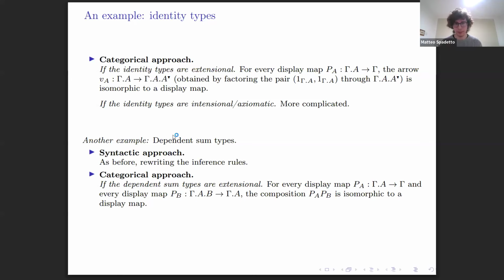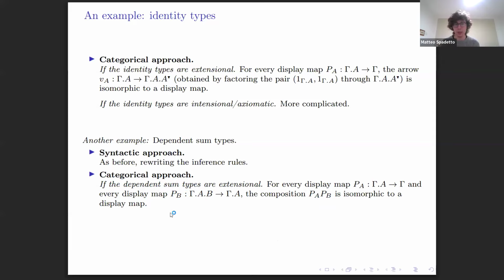Please continue. Thank you. We were saying, yes, in the category theoretic approach, for extensional dependent sum types, we just have the condition that whenever you have two composable display maps, their composition is itself isomorphic to another display map.